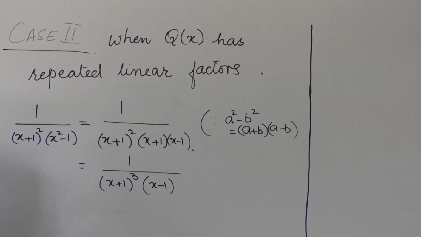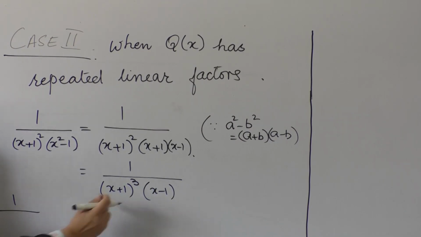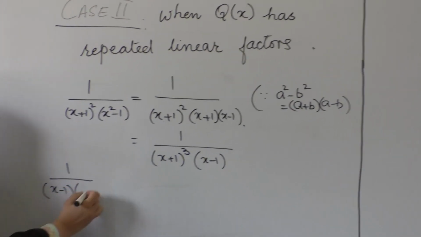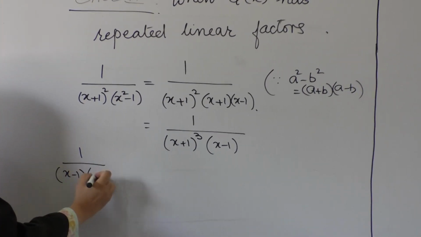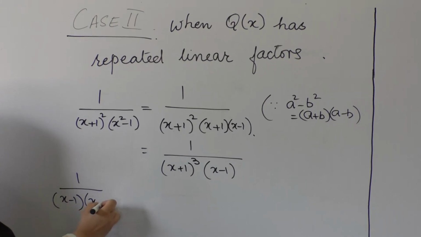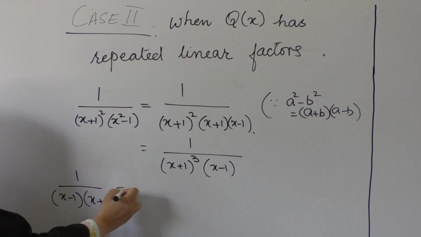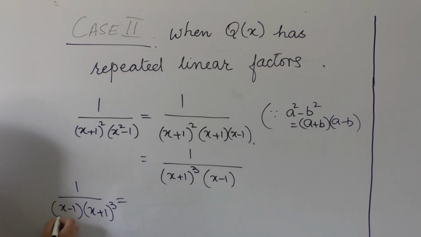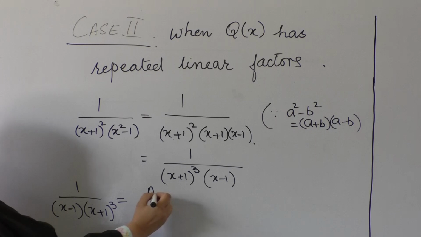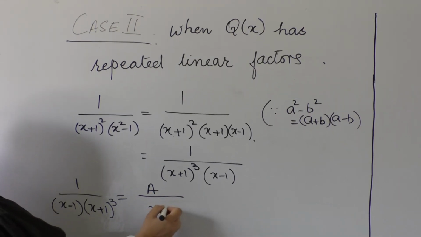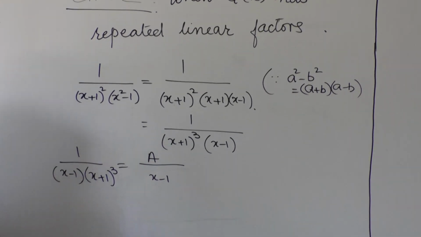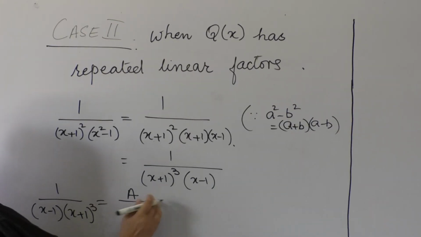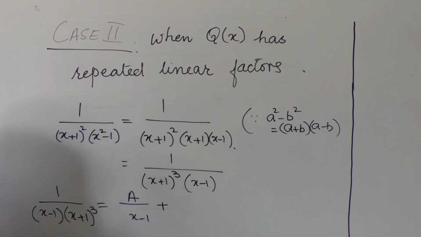Now apply method of partial fractions. We can interchange these two values. Write this factor with power 1 at first place and this second one at second place with the power 3. Let's start. For first factor, a divided by x minus 1. Now come over second factor. For second factor, put plus.